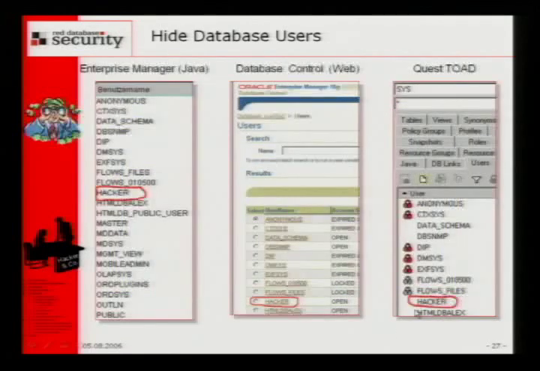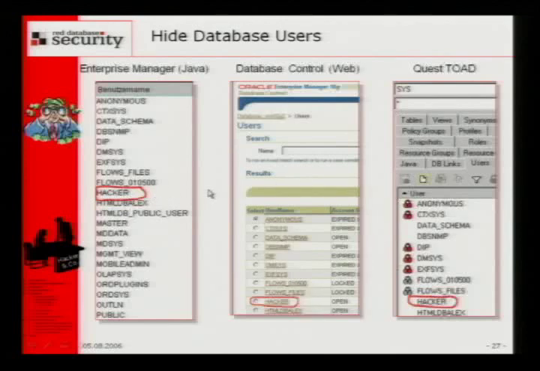But nowadays, in times of graphical user interfaces, most DBAs are using graphical user interfaces for the daily work. Quite common is Oracle Enterprise Manager, the Java version, and we see there's a user hacker, or the database or grid control, or tools like Toad from Quest.